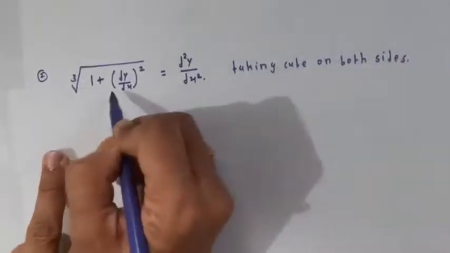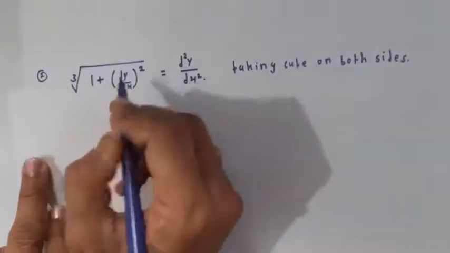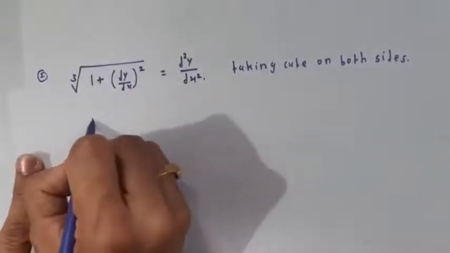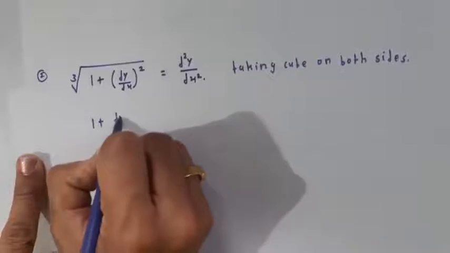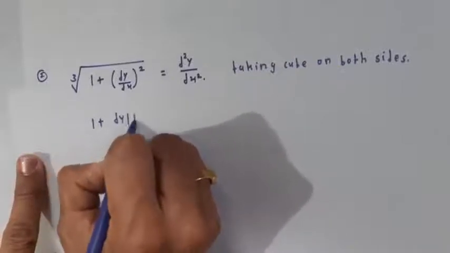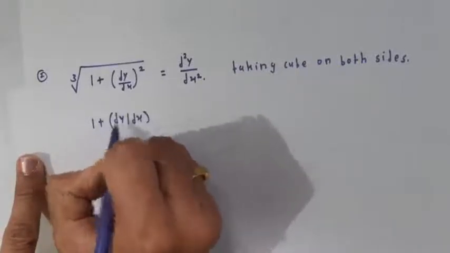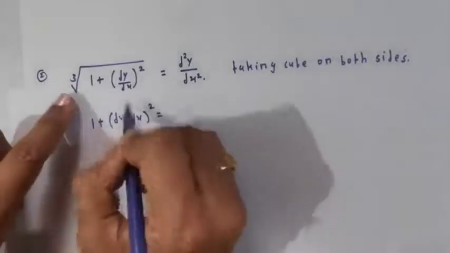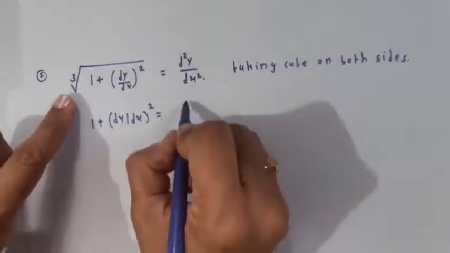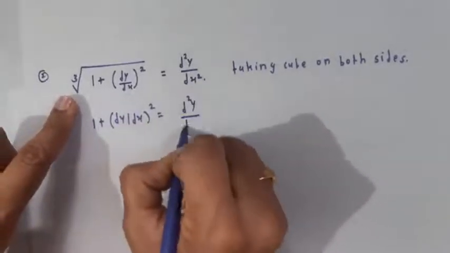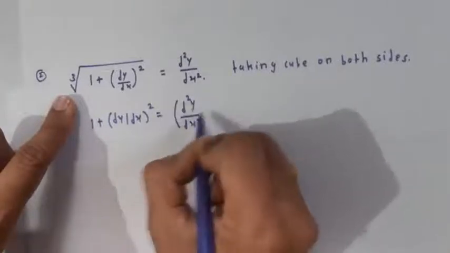So cube root of cube means the cube root gets cancelled, and that is 1 plus dy by dx whole square. And on the other side, d2y by dx square raised to 3.